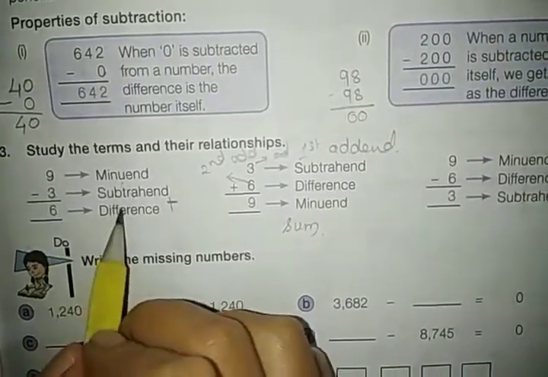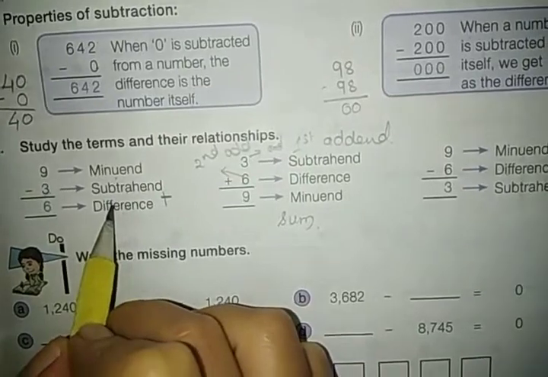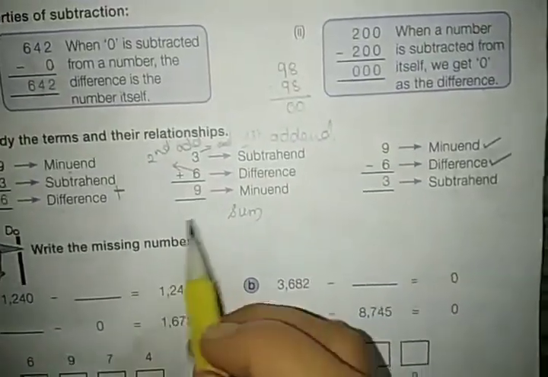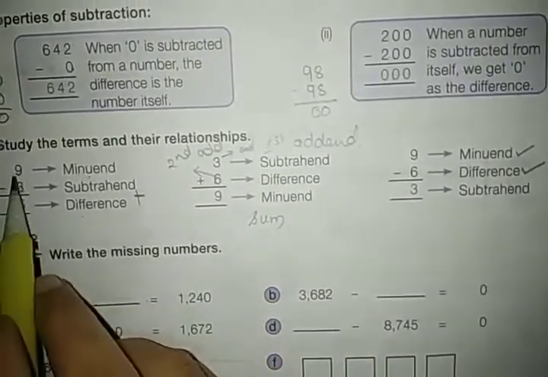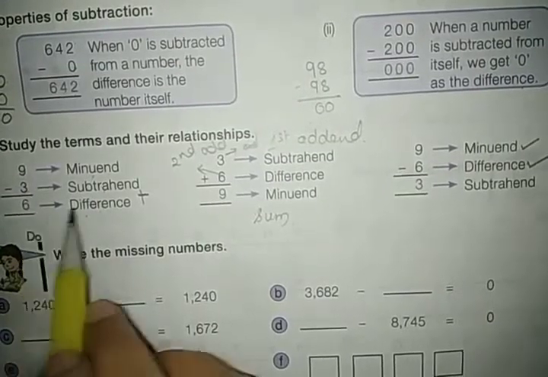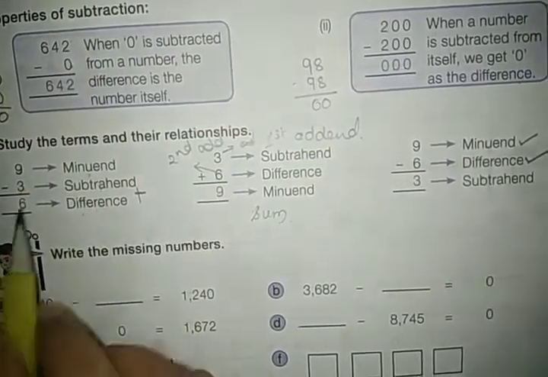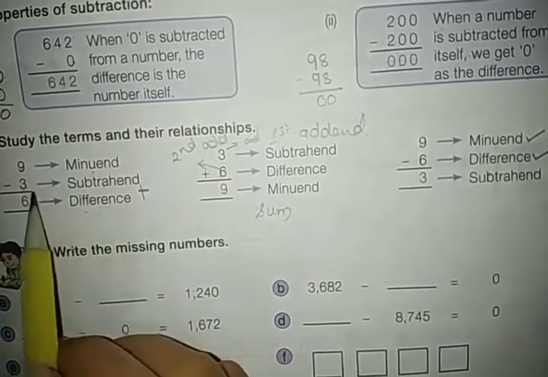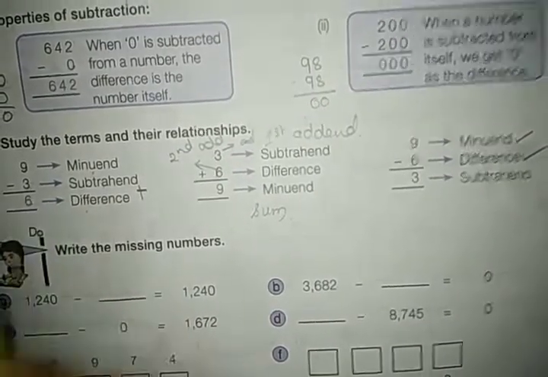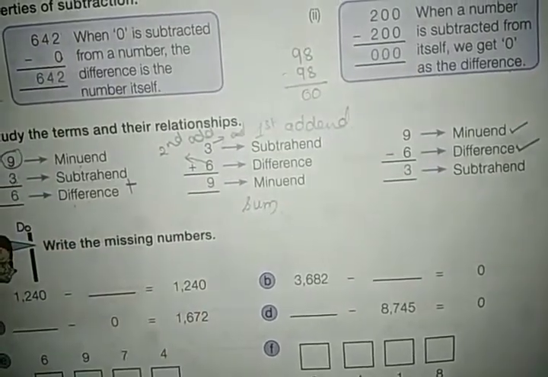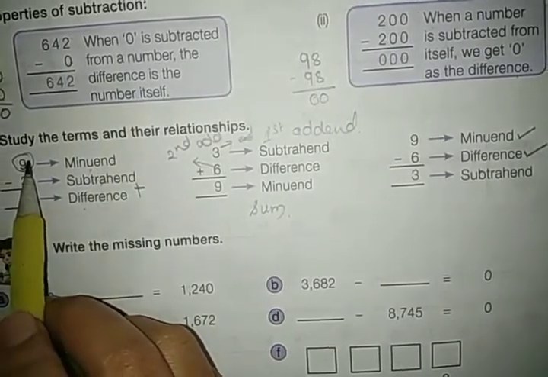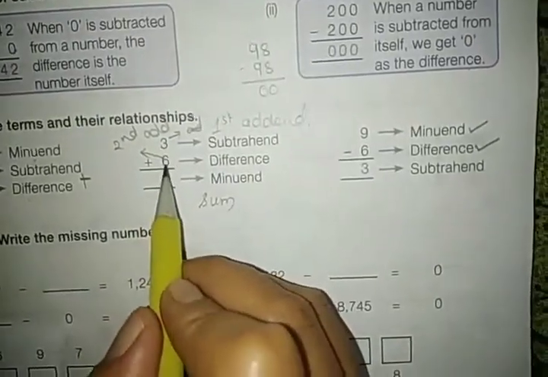Now let's study the relationship between addition and subtraction. See here, the minuend is 9, the subtrahend is 3. What is the difference? 6. In addition, if you add the subtrahend and the difference, you will get the minuend as the answer. See here, 3 plus 6 is 9.